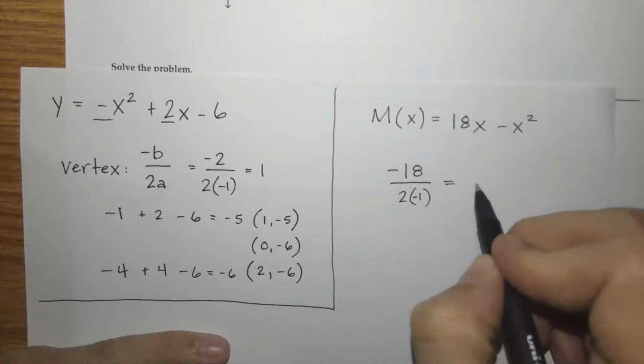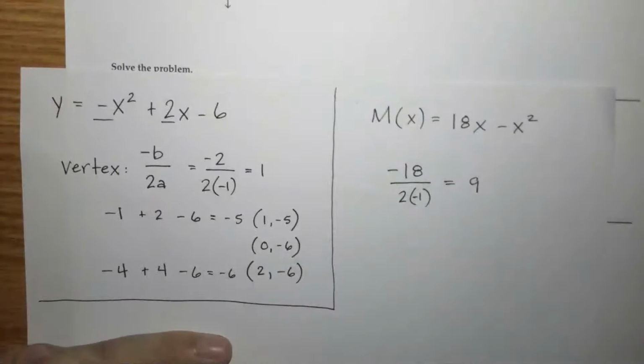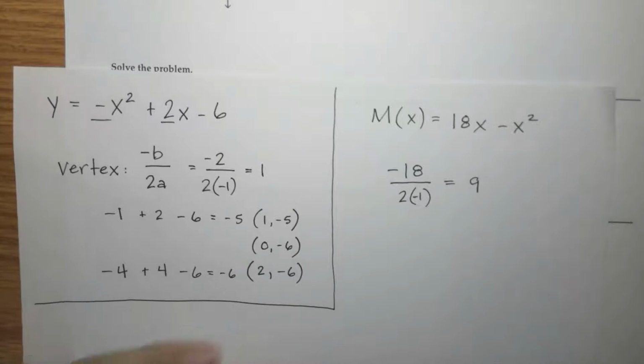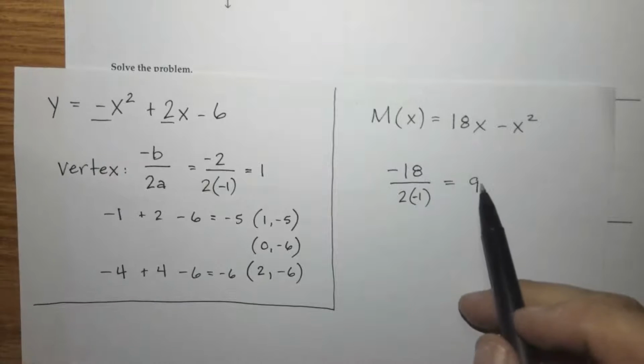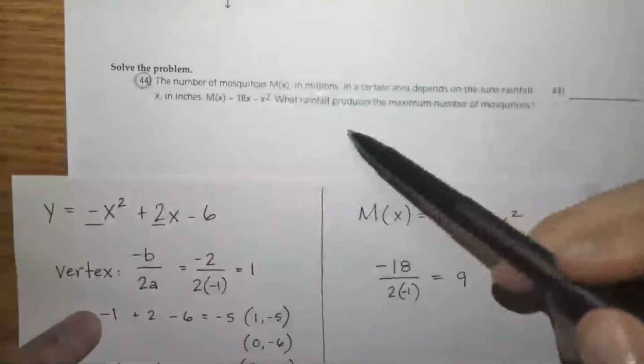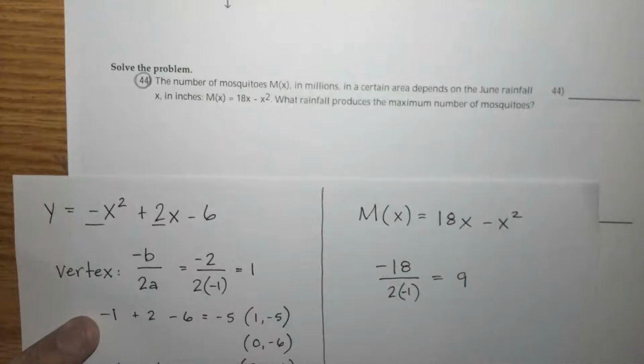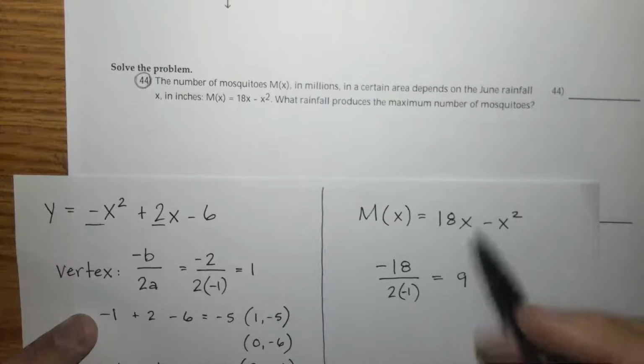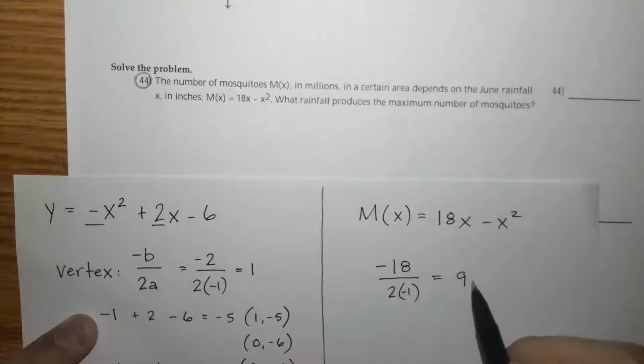And that equals 9. And so that's our inches. That's what x was. We could also figure out how many mosquitoes it actually produced if we plug it in here. But this is going to be our answer: 9 inches.